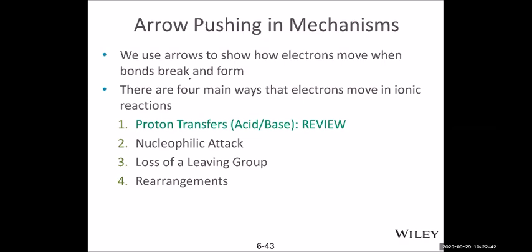Today, we'll go over these 3 kinds. There are 3 more kinds of arrow pushing, and in the future we'll see them one by one. In the coming chapter, we'll see 2 of them, and maybe we'll see number 4 also.